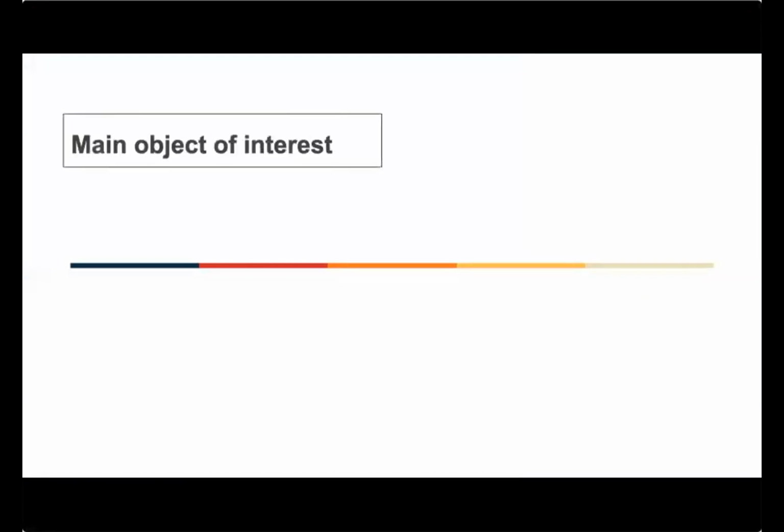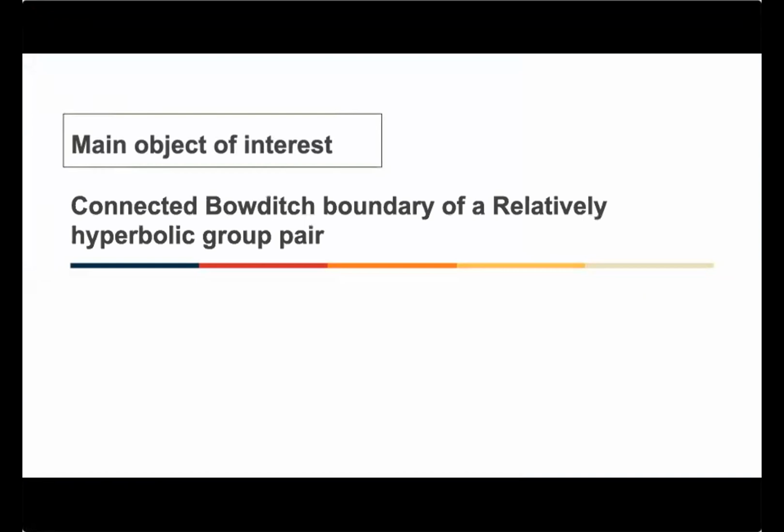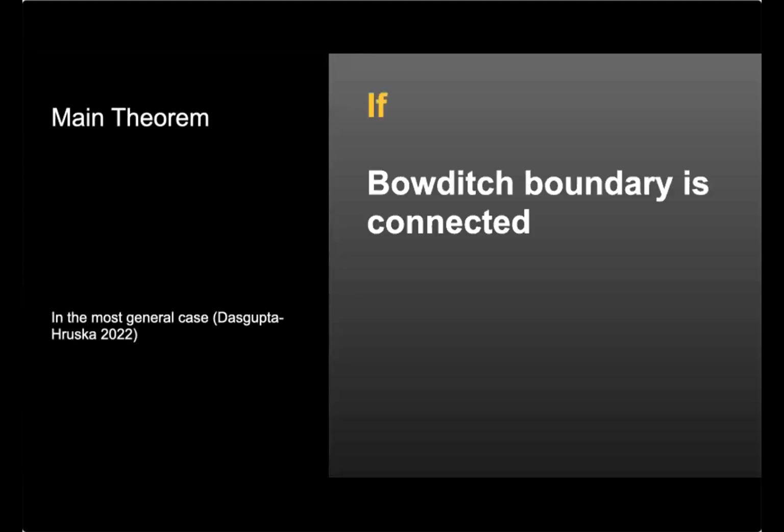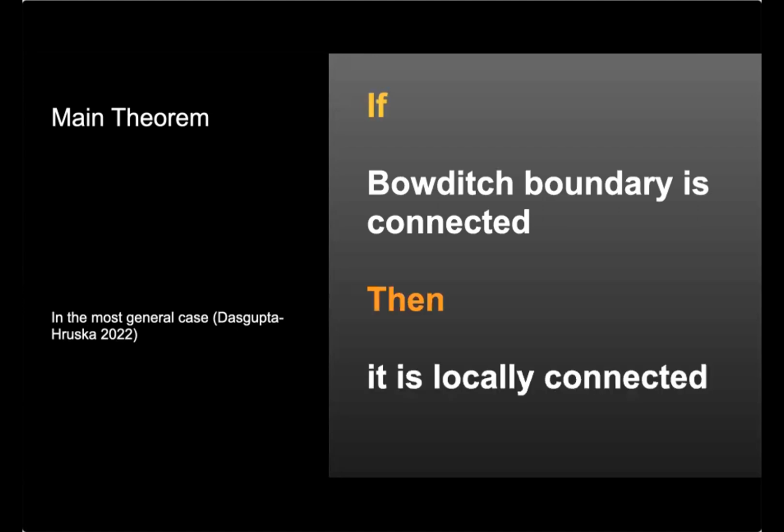The main object of interest is the connected Bowditch boundary of a relatively hyperbolic group pair. The Bowditch boundary is a compact Hausdorff metrizable topological space. So that's the kind of animal we are dealing with. And the main theorem of our paper is that if the Bowditch boundary is connected, then it is also locally connected.